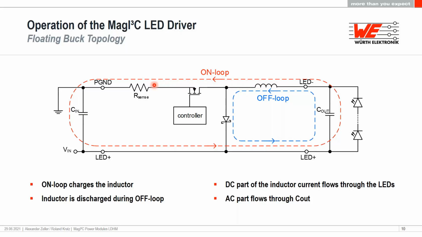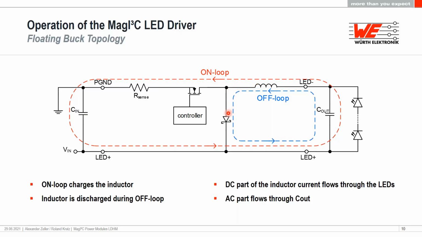and flows through the sensing resistor for the current. If a peak current is detected, then the MOSFET is switched off. The voltage across the inductor reverses, and the current of the inductor will flow the same way as before.